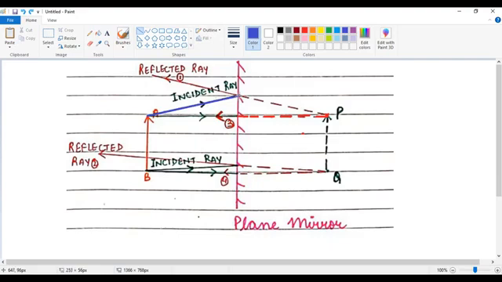Similarly, the light incident from A inclined at an angle. Here also, the light gets reflected as shown by ray number 1.